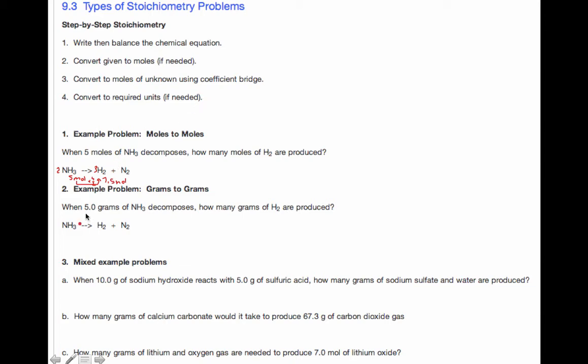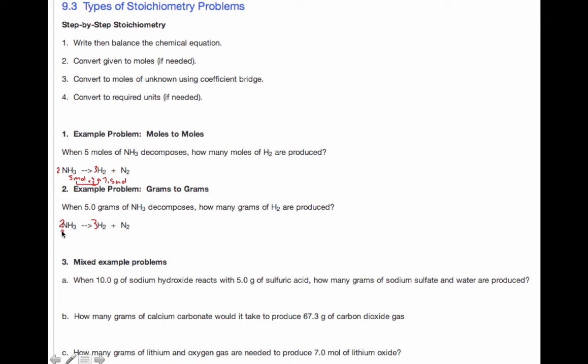Now the next example is with grams, and now this is more work because every atom has a different mass, so we have to get to a common base of moles to proceed to do the coefficient bridge. So let's balance this once again. We notice that this equation is not balanced, so a 2 there and a 3 there will do it.